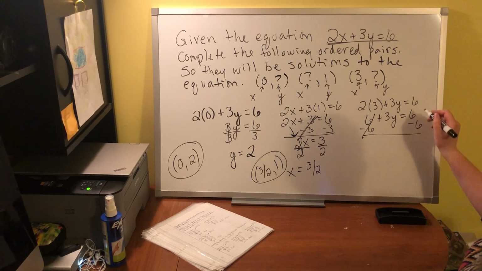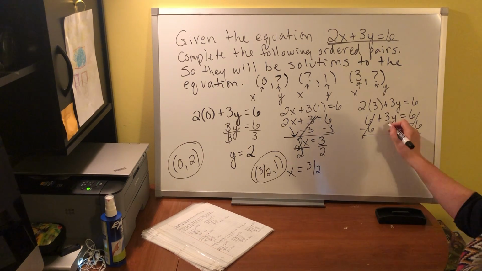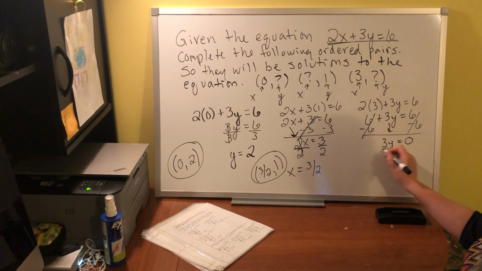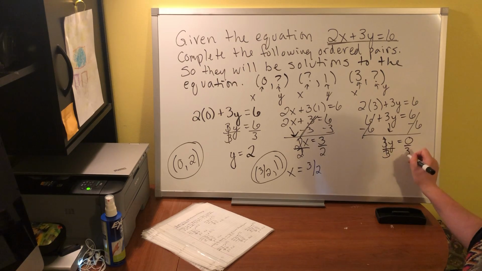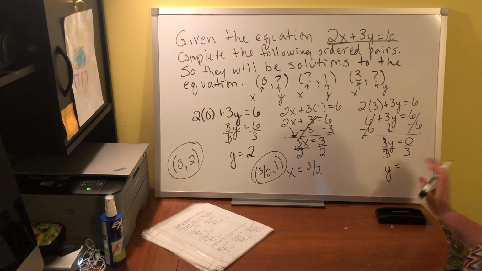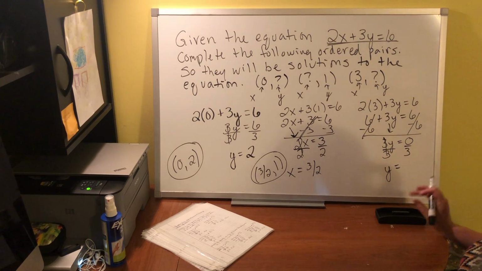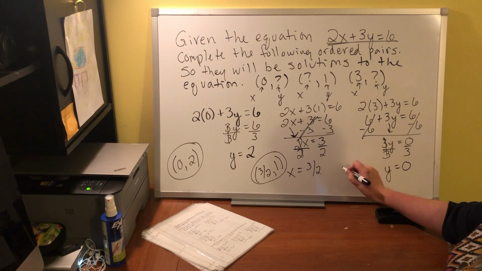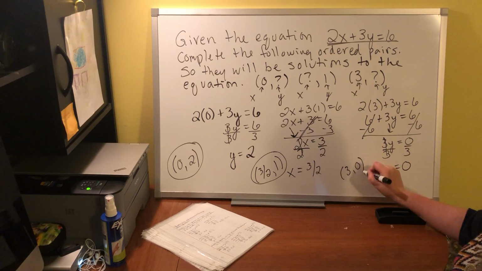But if you notice, the 6's also cancel here. That's okay. We're going to bring down our 3y equals 0. Divide both sides by 3. So remember our rule we talked about before. We can divide 0 by any number, but we cannot divide by 0. So 0 divided by 3 is 0. So our answer here would be 3, comma, 0.